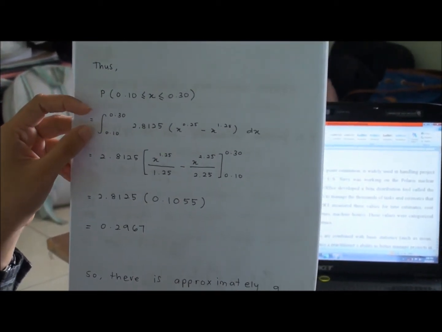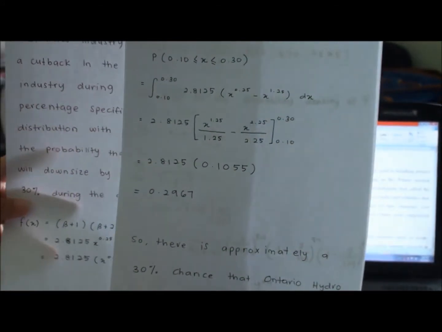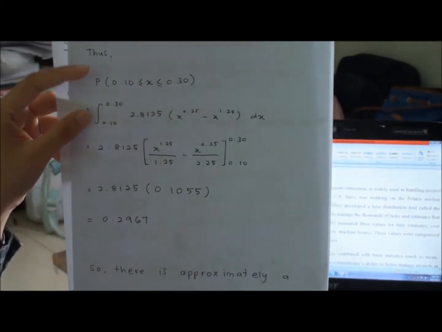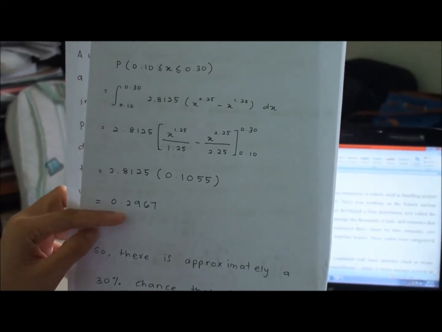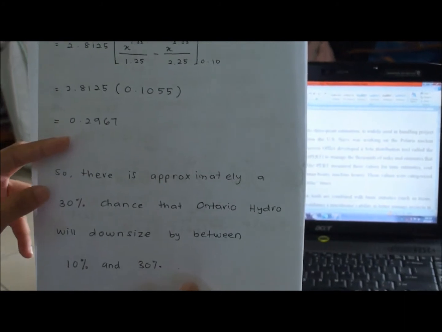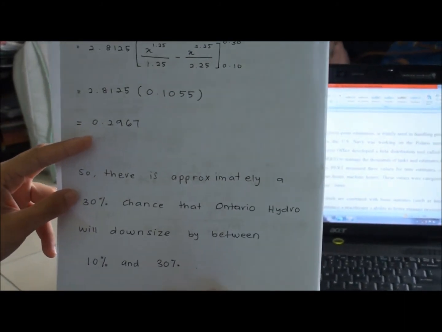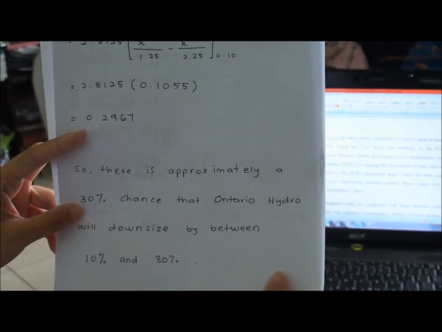We must integrate the value we got before, from 0.1 to 0.3. Then we will get the answer 0.2967. So, there is approximately a 30% chance that Ontario Hydro will downsize by between 10% and 30%.